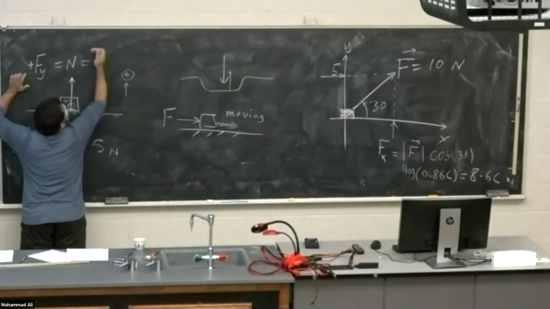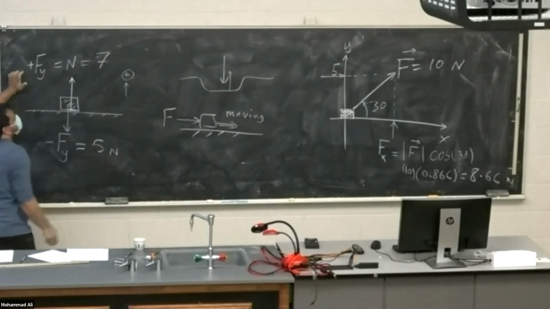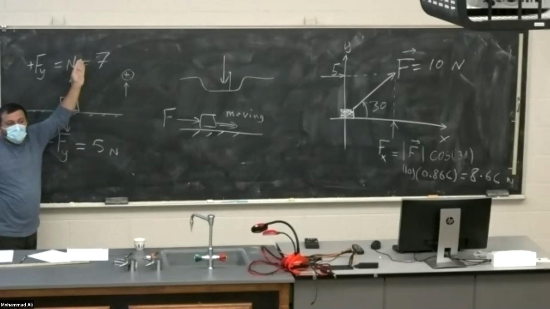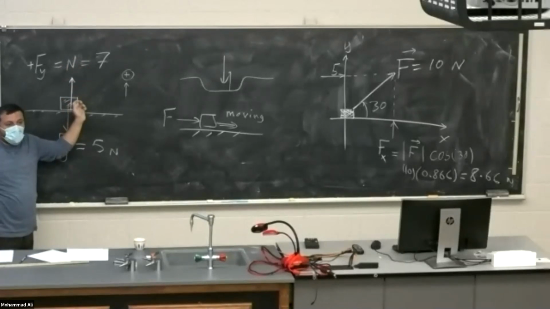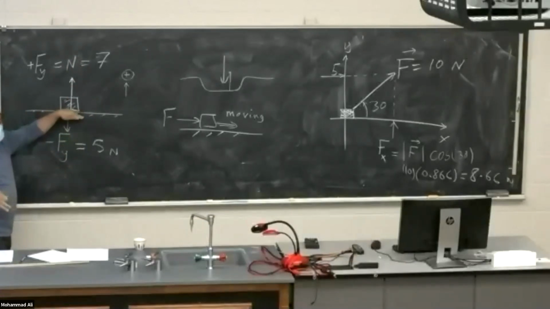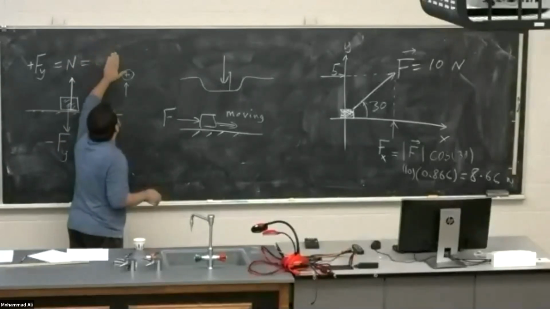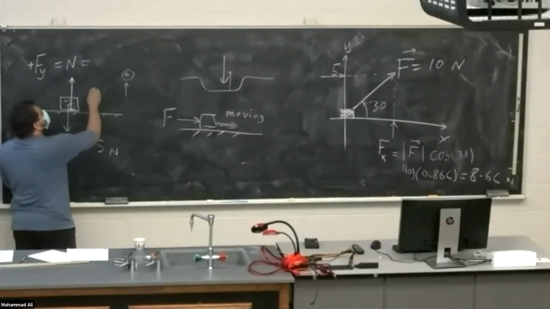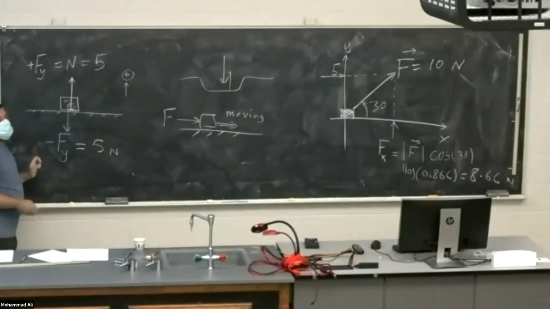What if this force is 7? 5 down, 7 up. What will happen to this object? It will start flying. Okay, but it is not flying. So how much is the force? It is not below, it is not bigger, it is the same. The reaction force will be the same.